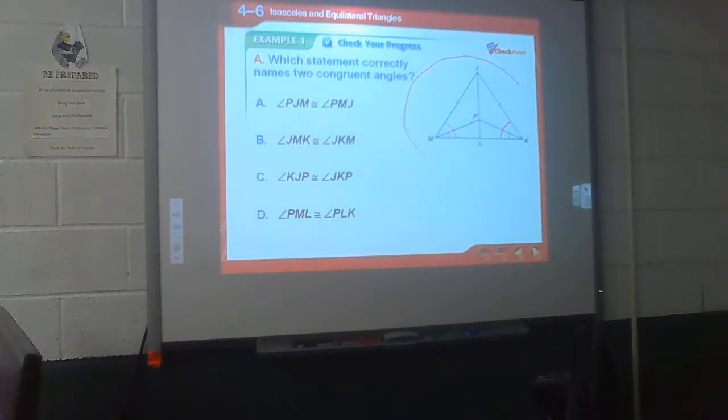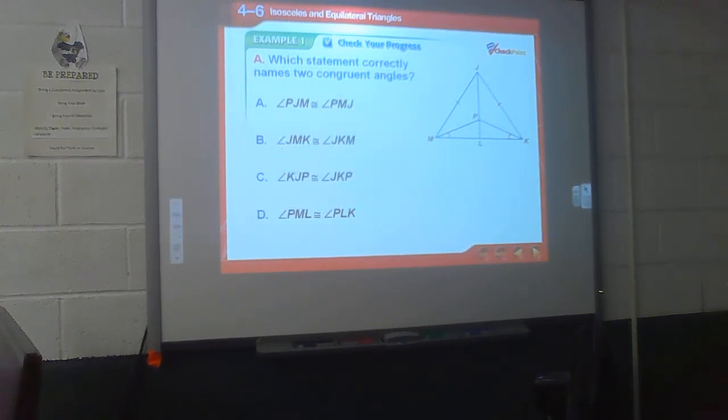Now we're talking basically about the ginormous or the whole triangle, right? And so then we're talking about JMK and JKM. Does that make sense? So they didn't do that in this case, but that's really important that you recognize and are able to see that.